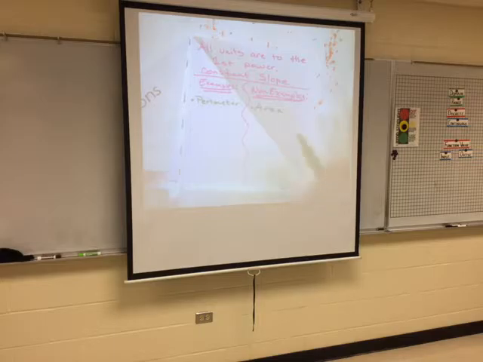So can you all think of any other examples or non-examples of real-world scenarios? What about volume? Would volume be, with perimeter, example or non-example? Non-example. Marcus, what do you got?